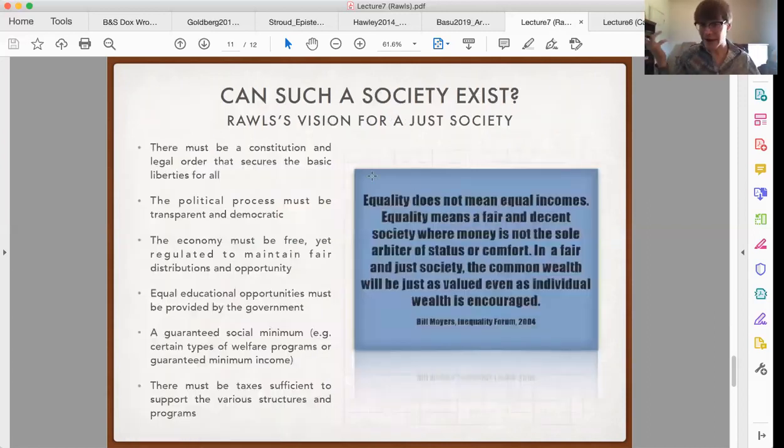Okay, so we might ask, Rawls, you're talking about all this hypothetical stuff, right? Can this society actually exist? And I think so, right? According to Rawls, we need to have a constitution that has basic liberties that are protected by a government. We need democratic political processes. The economy has to be free but regulated.